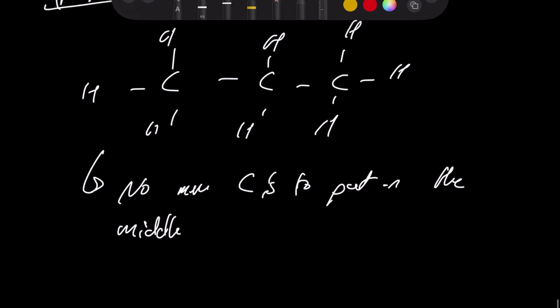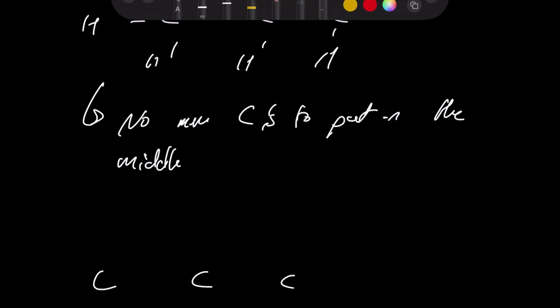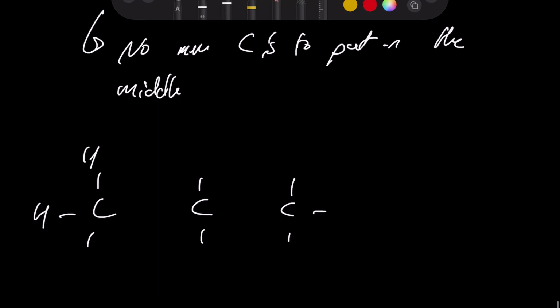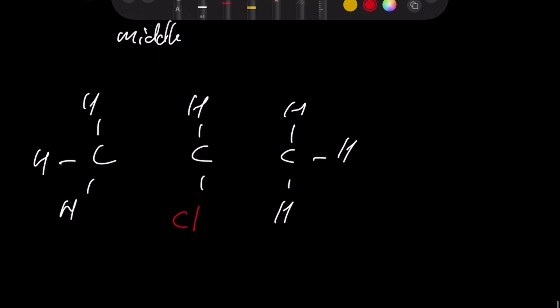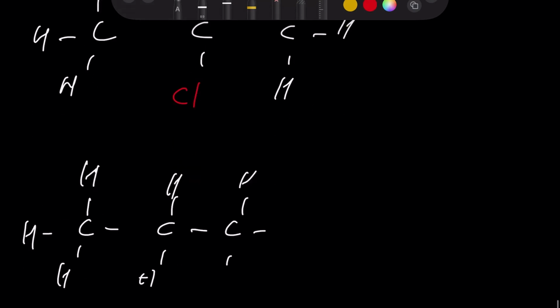Okay, I have a question regarding the substitution reaction again. Can we have something like this? Yes. Can we have another thing like that? Are they the same? They are a bit different.